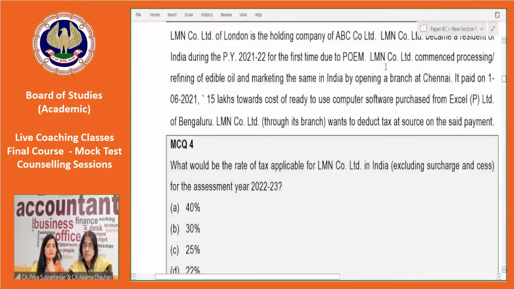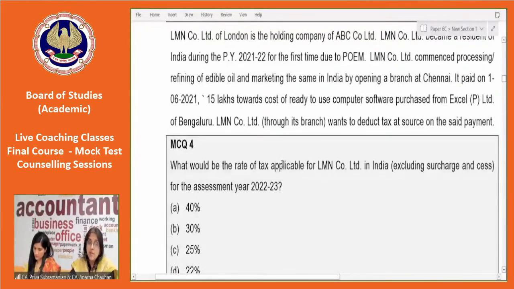LMN Company Limited commenced processing, refining of edible oil and marketing the same by opening a branch at Chennai. On 1/6/2021, it paid 15 lakhs towards cost of ready-to-use computer software purchased from Excel Private Limited of Bangalore. LMN Company Limited wants to deduct tax at source on such payment.